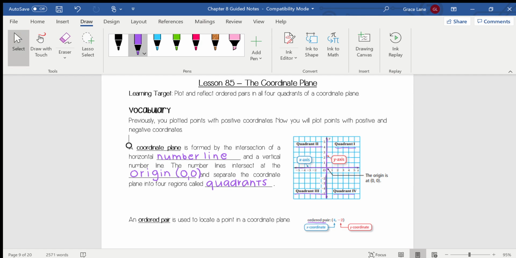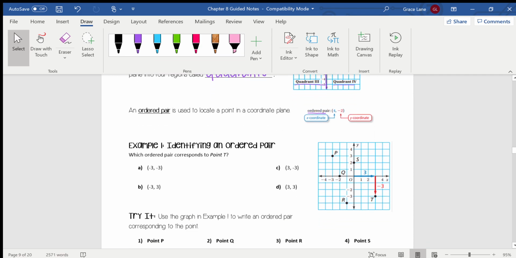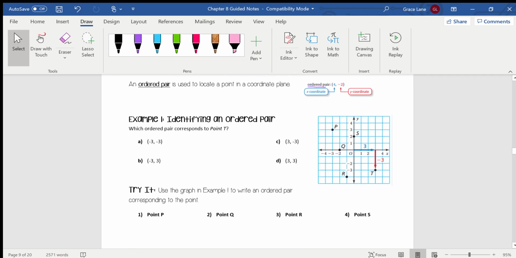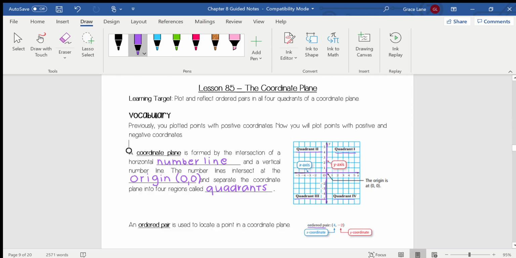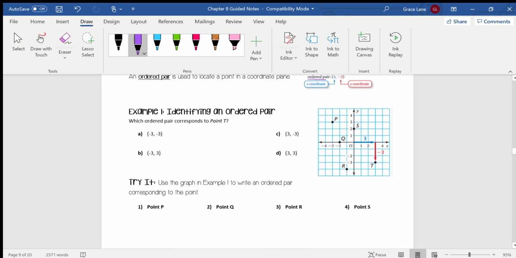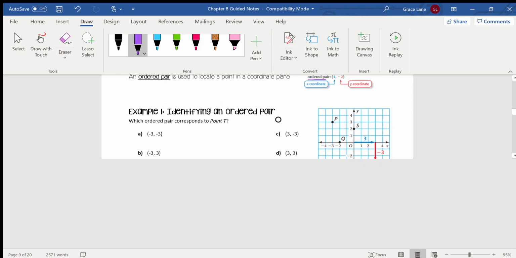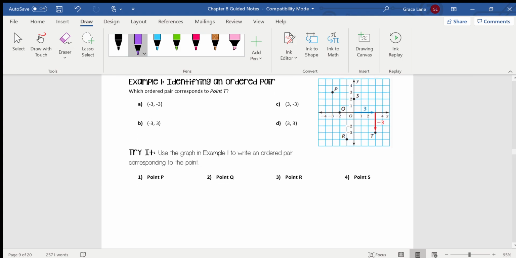If you go down a little bit to the first example, it says which ordered pair corresponds to point T, and it gives you 4 different choices. If you look at the graph, remember that with ordered pairs the x-coordinate always comes first. So to label a point, you always go over and then either up or down.